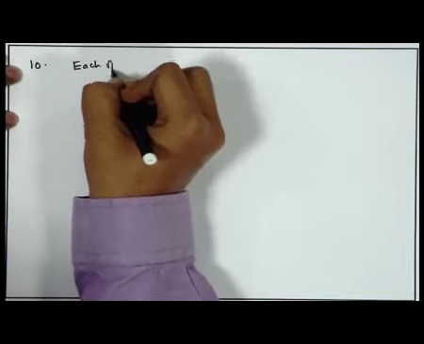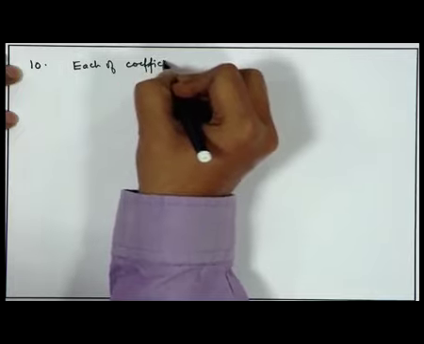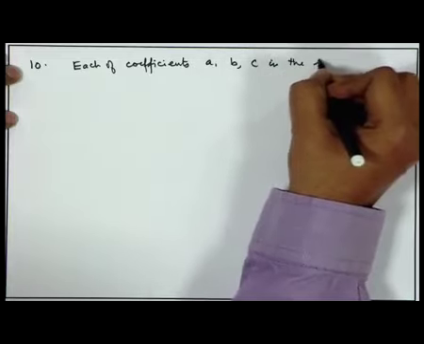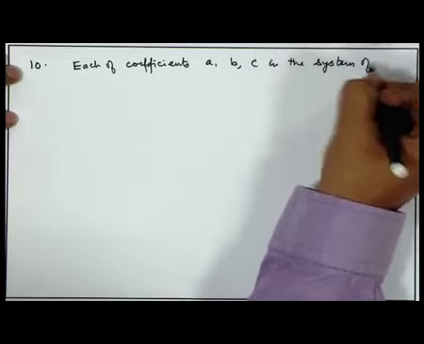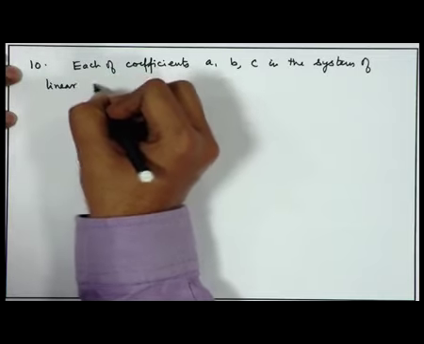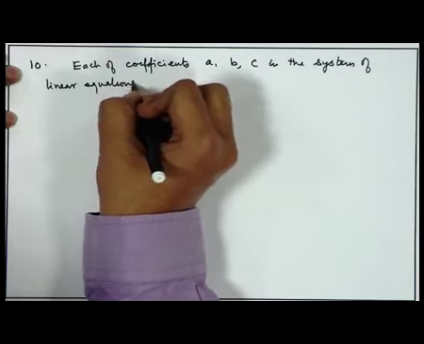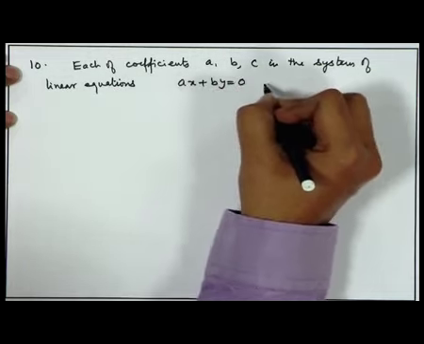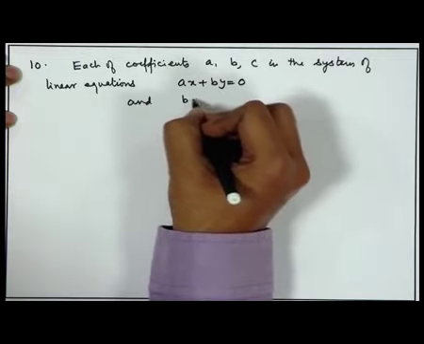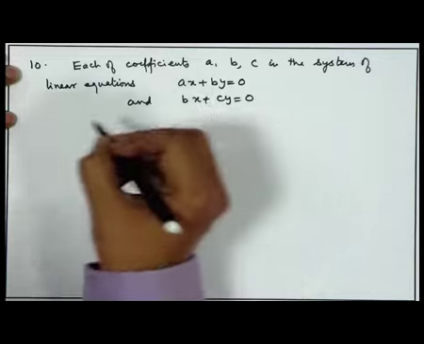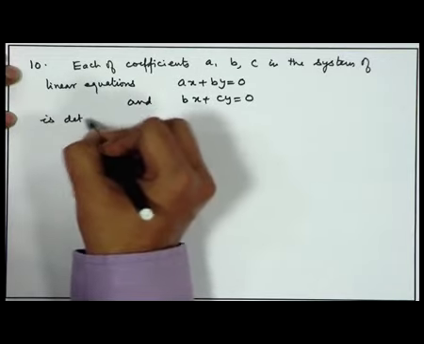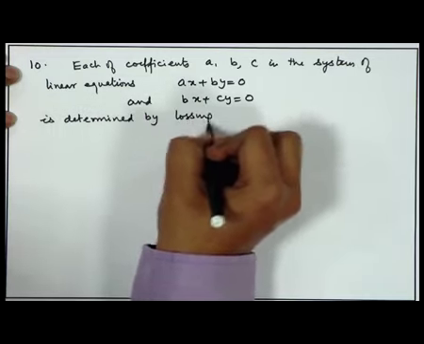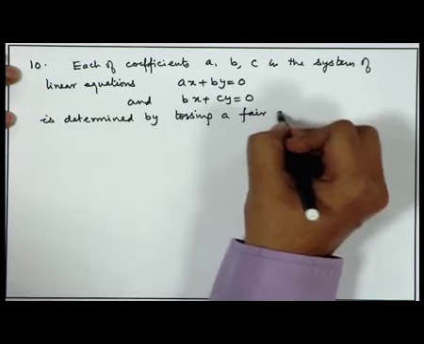Each of the coefficients a, b, c in the system of linear equations a x plus b y is equal to 0 and b x plus c y is equal to 0, each coefficient is determined by tossing a fair die.